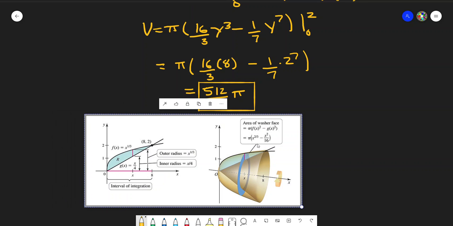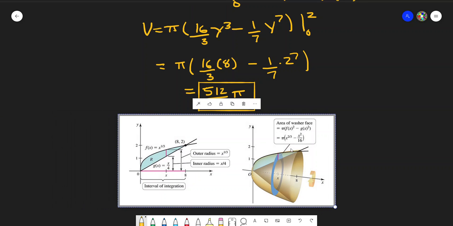Here is the actual integral and the solid. The shape on the outside is parabolic, but the inside is more like a cone, and you can see the washer that gets generated for the respective cross section.